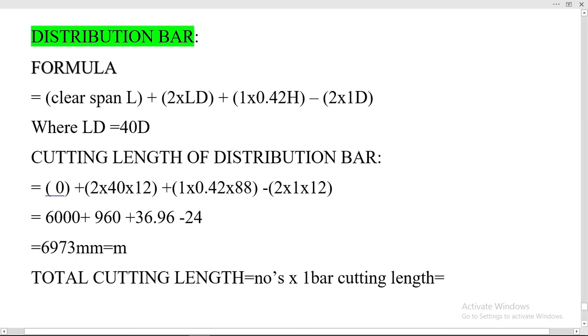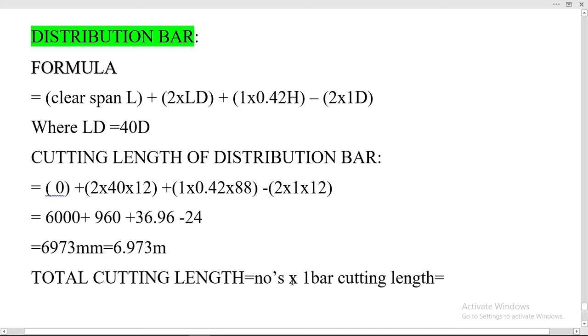Just divide it by 1000 to convert it into meter. 6.973 meter. So this is the one distribution bar cutting length.